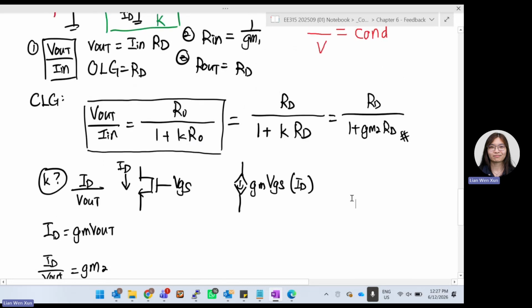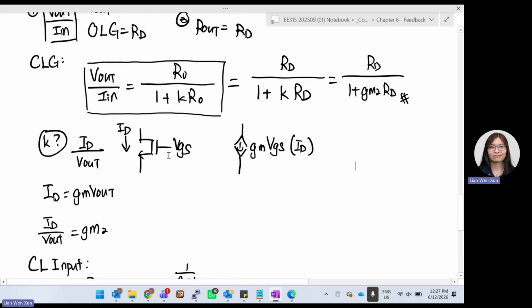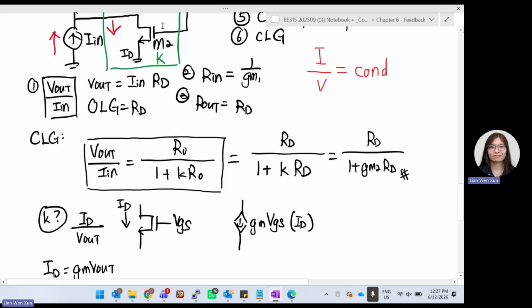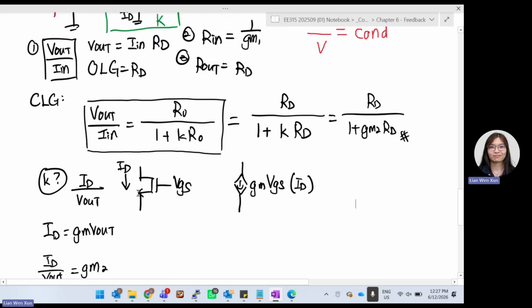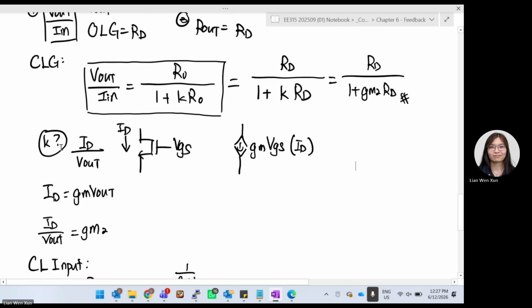If you want to find what is the K, you can still do that. Okay, we try out. Assume that we do know that is our GM. So we draw the NMOS over here, M2, VGS, and then we know there's one ID. I want to find out what is the ID over V out. When we draw this small signal model, we have a transistor like this. The top part, bottom part we don't draw, but we will act this as a current source.